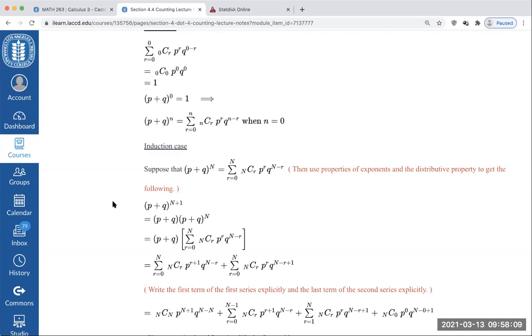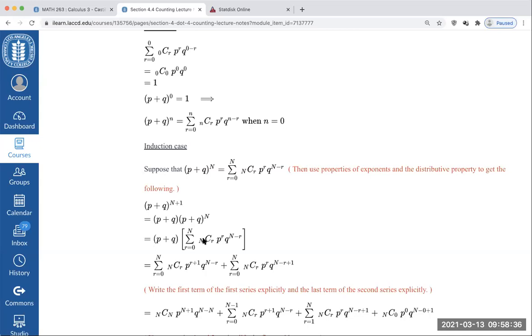By the properties of exponents, this is the same as (p plus q) times (p plus q) to the capital N. But (p plus q) to the capital N, we said, is equal to this sum here. And so this is equal to (p plus q) times the sum, r equaling 0 to capital N, of nCr p to the r q to the capital N minus r.